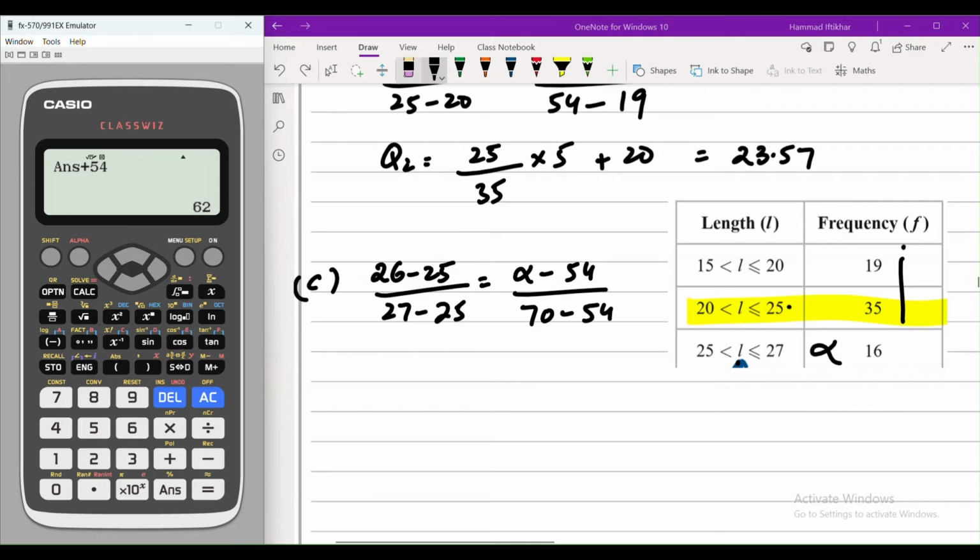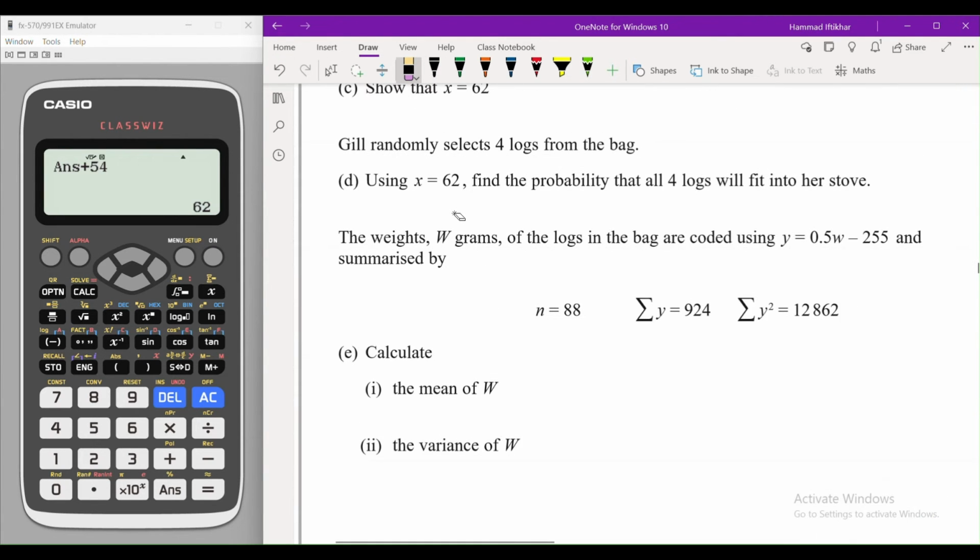So that is the x. So 62. Now we have shown that.